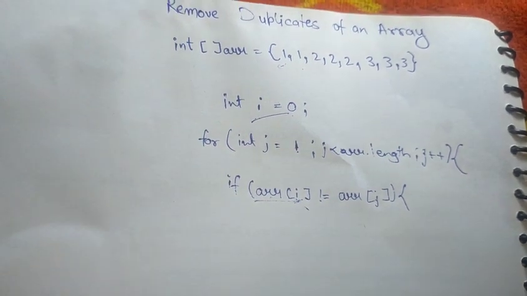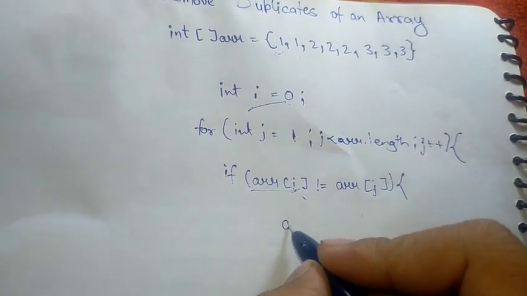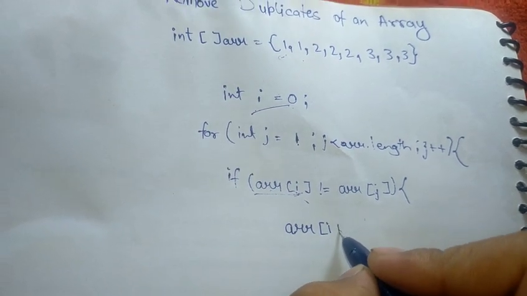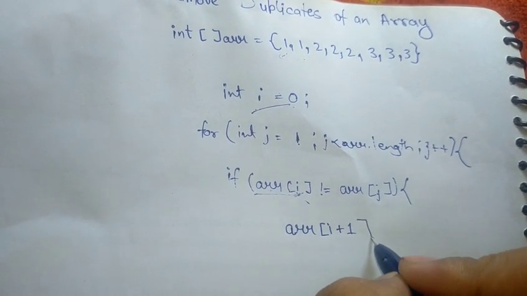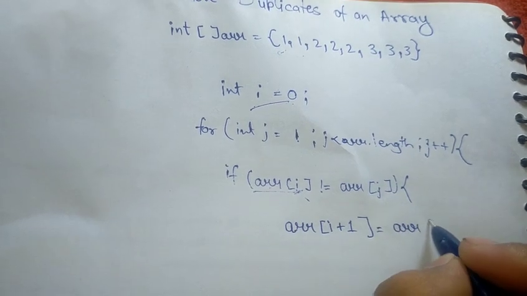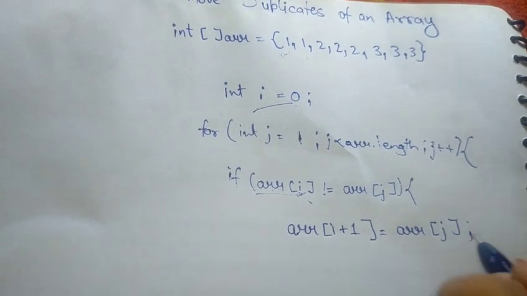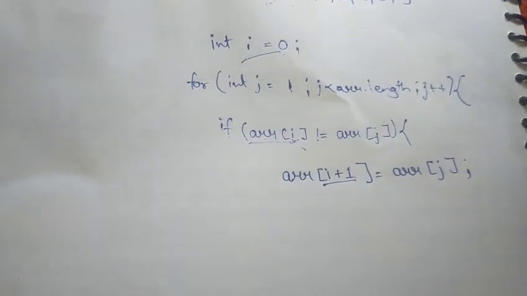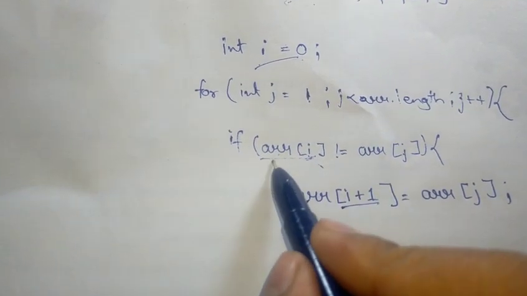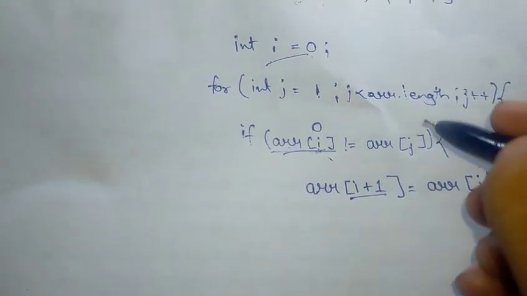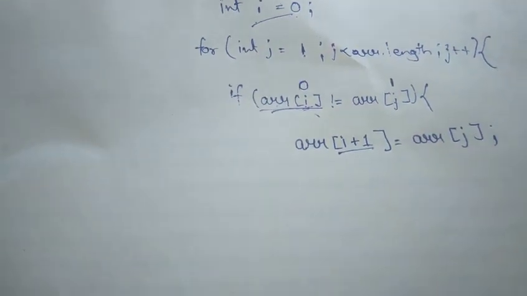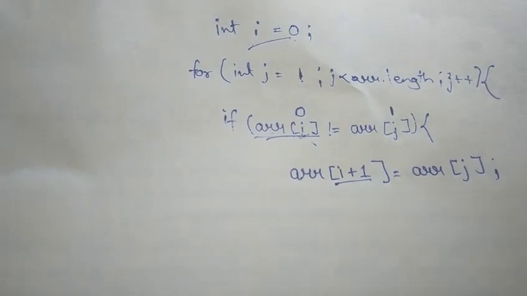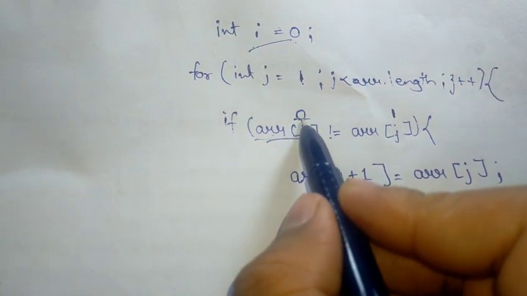So for that we use this. If they are not equal, then at the place of I plus 1 we put the value of j. So why should we take I plus 1? If I am checking at the zeroth index and j is present at the first index, I am comparing with the zeroth index element.